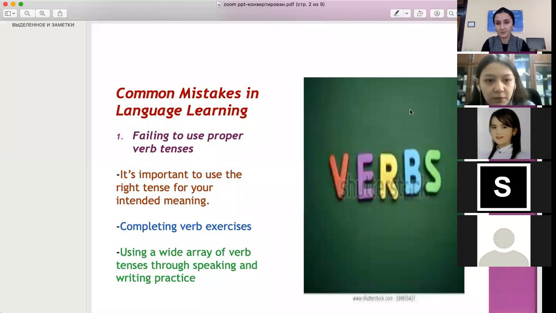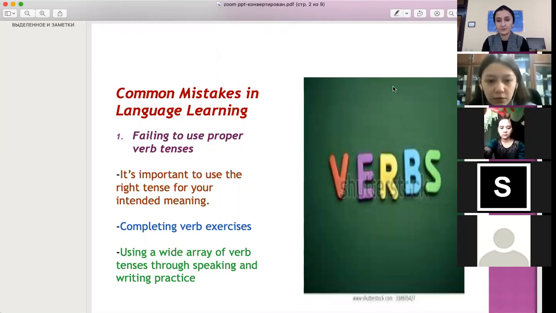The first common mistake is failing to use proper verb tenses. It is important to use the right tenses for your intended meaning. People who start learning a second language often face this mistake.